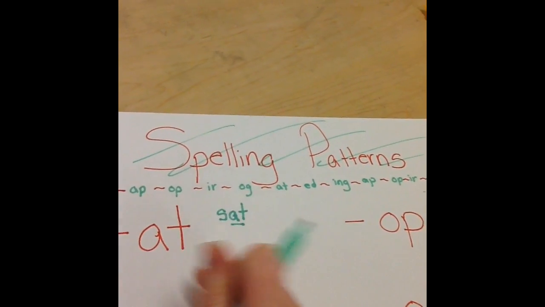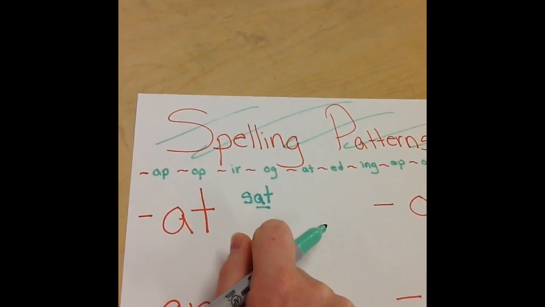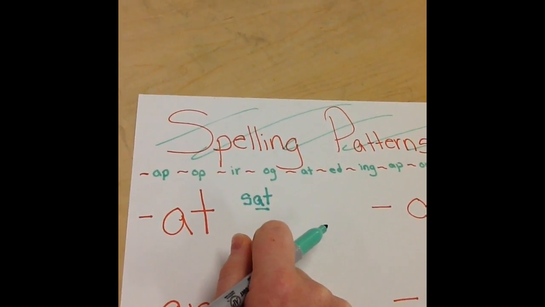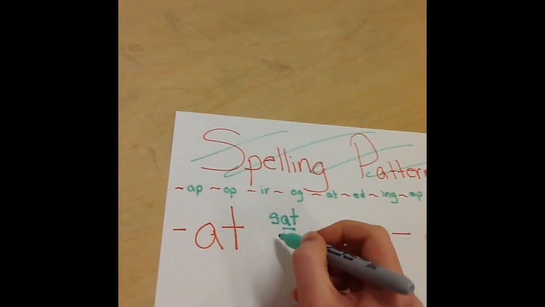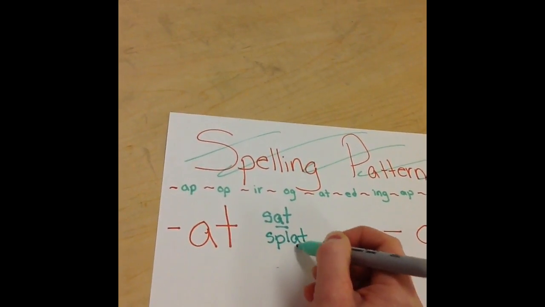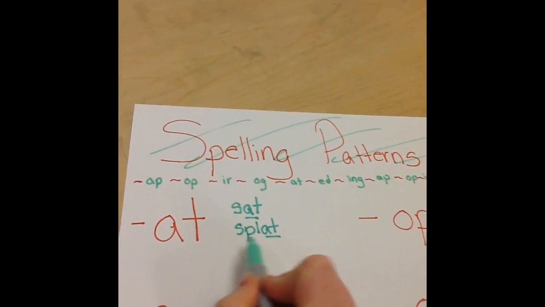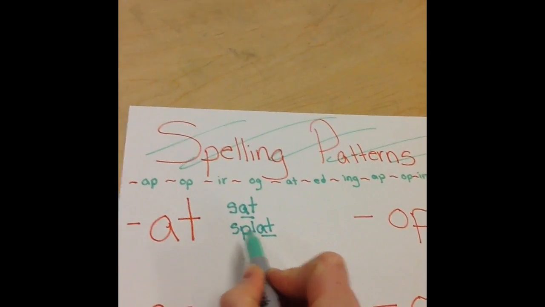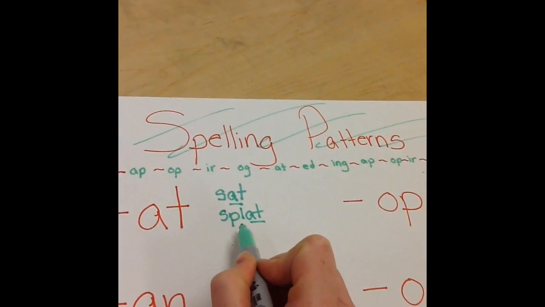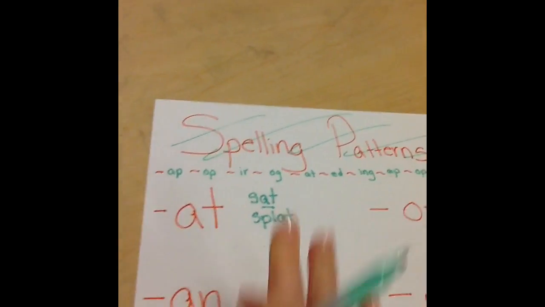Can you think of another word that has at in it? Touch your nose when you have an idea. Maybe you were thinking of the word splat. You would know this word because it has that gang of three, that three-letter consonant cluster at the beginning and then at at the end. Spl-at, splat.